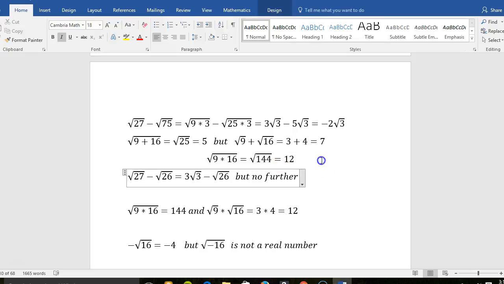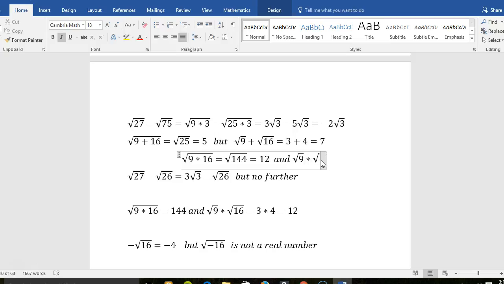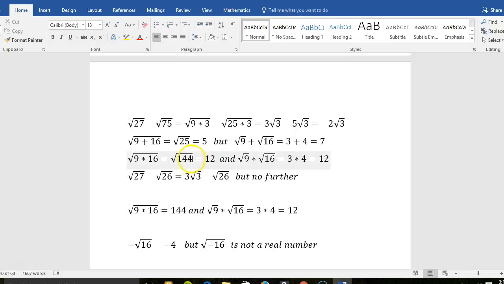Now if you break it up, you should get the same thing, because multiplication is nice that way. So let's make sure that happens. The square root of 9 is 3, the square root of 16 is 4, and yep, there's 12. So with multiplication, as long as everybody's positive, we can break this up like this, and we're good to go. All the numbers are positive, I should say.